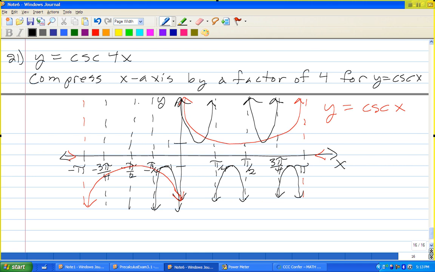Okay, so this is the graph of y equals cosecant 4x.